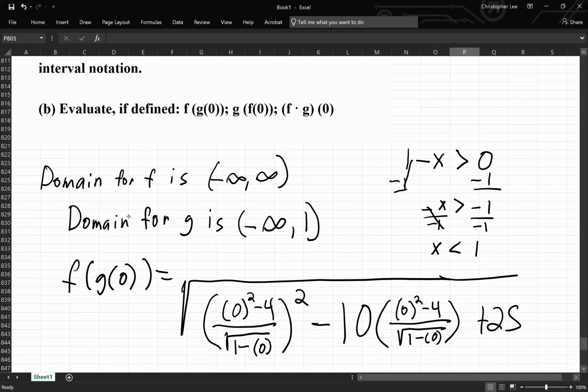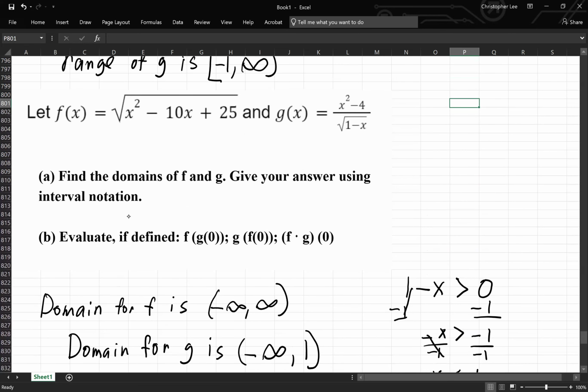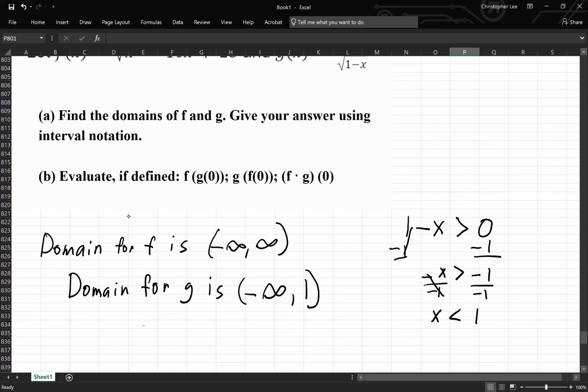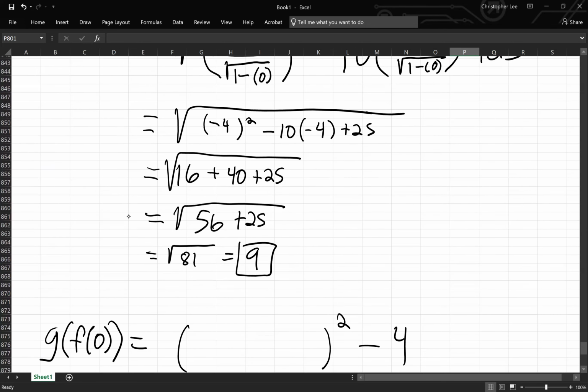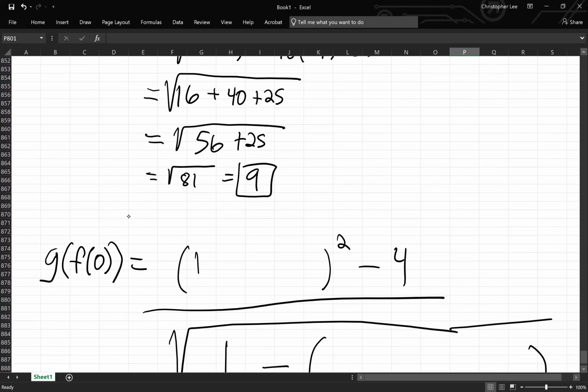And then x is the square root of x squared minus 10x plus 25.